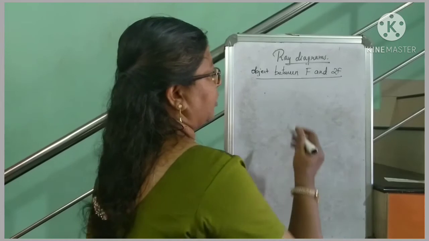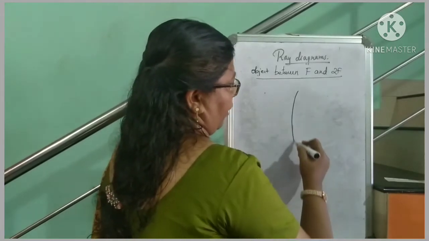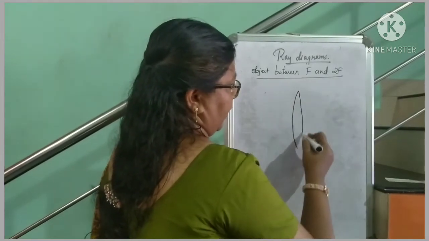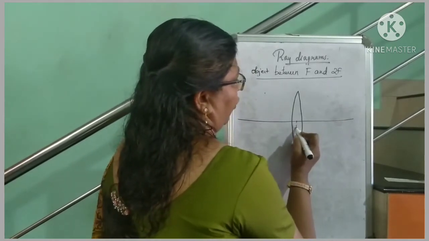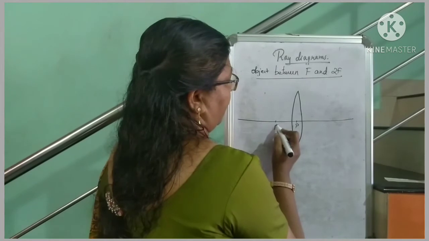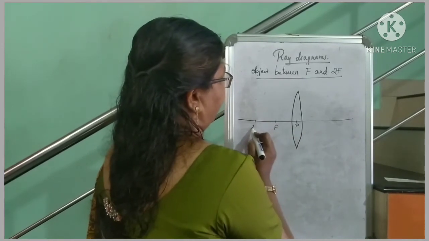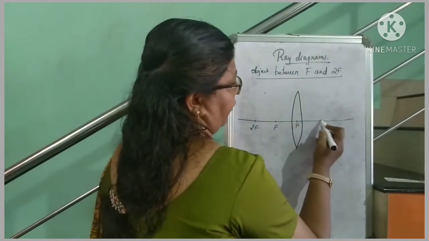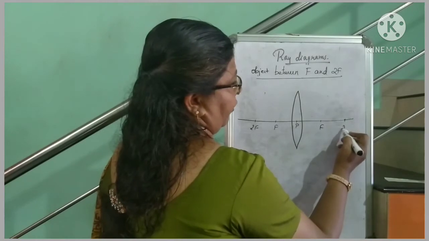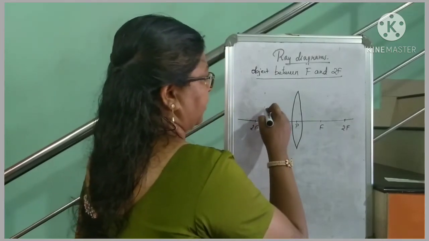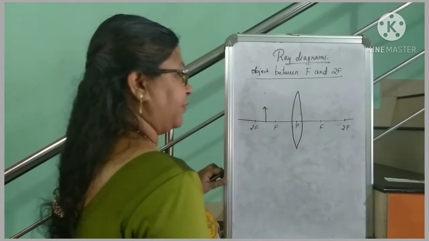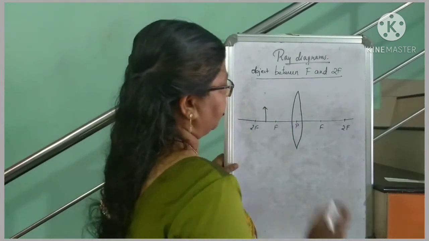Next one, object between F and 2F. Here also we will draw the lens, pole, F, 2F, F, 2F. An object is kept between F and 2F. So what happens?